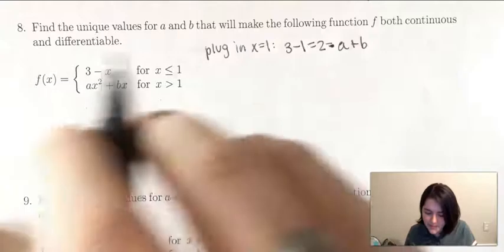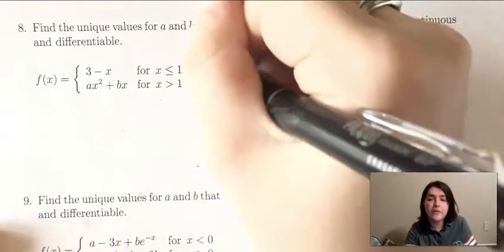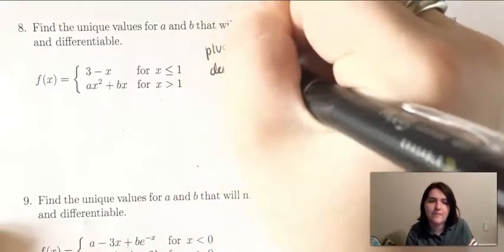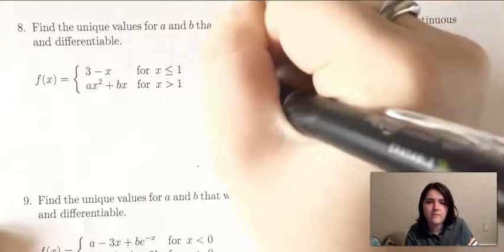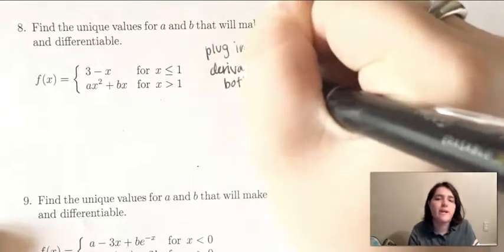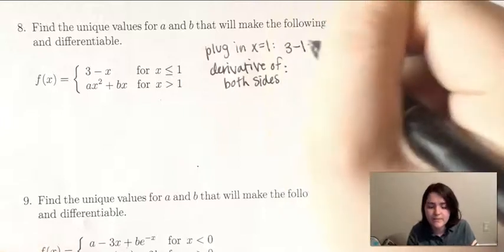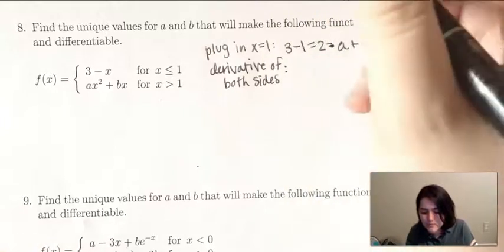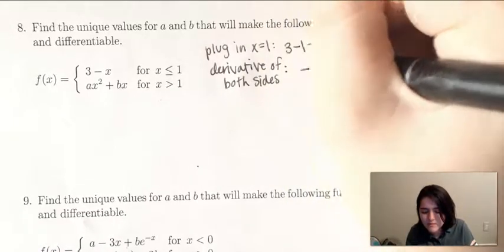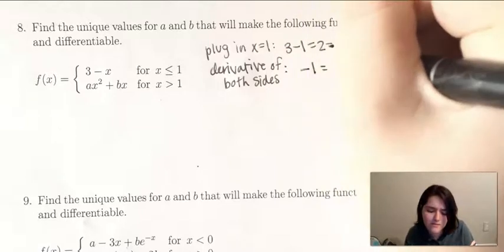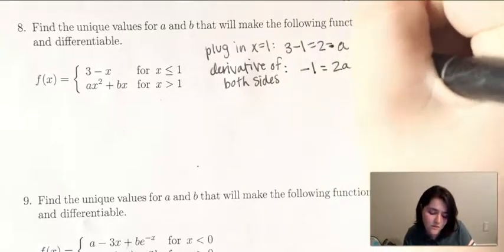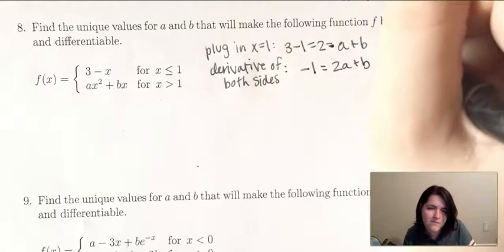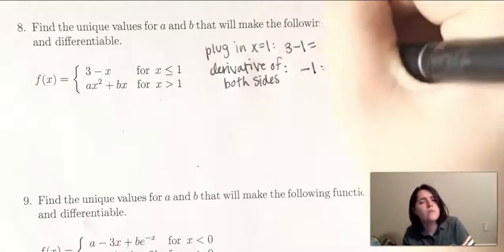And then the next step is we're going to take the derivative of both sides from our nice simplified equation.